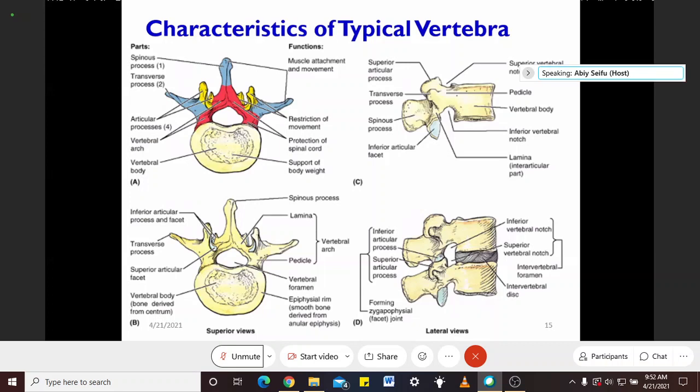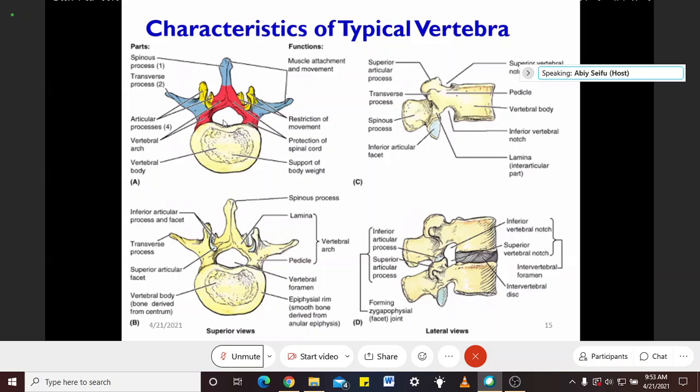So the angles and the types also vary. Generally, this articular process is used for restricting movement. There is flexion and extension on the vertebral column, but those movements are somewhat restricted by this process.